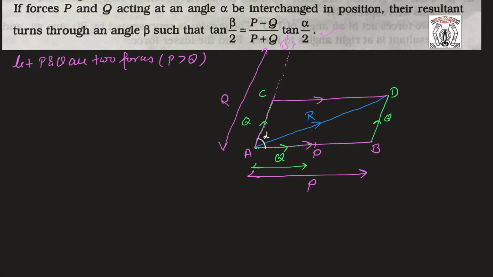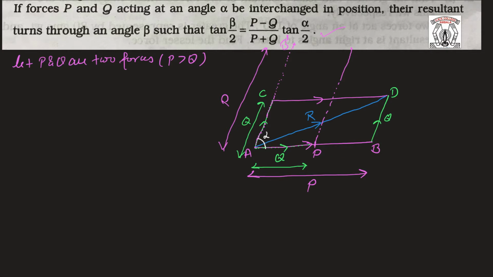And this much is Q. So now complete the parallelogram. Up to here it is Q. Okay, so here it was point D, so this will become D dash.